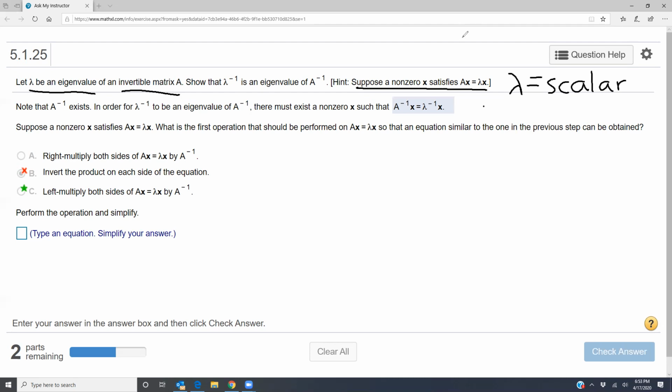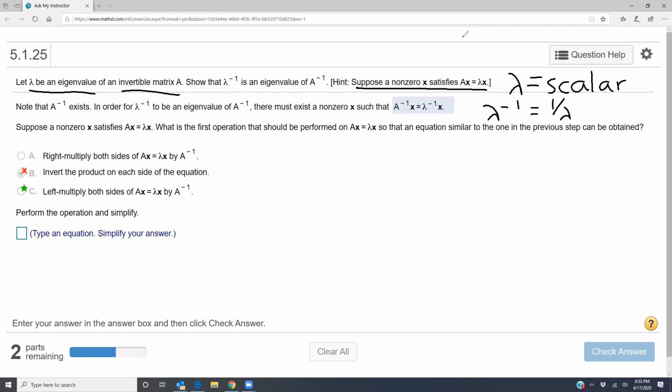So when we talk about lambda to the negative 1 for a scalar, that's just 1 over the scalar. So we're not exactly dealing with an inverse with lambda, we're dealing with 1 over lambda when we talk about lambda to the negative 1. So those are just a couple things to note before you start the problem.